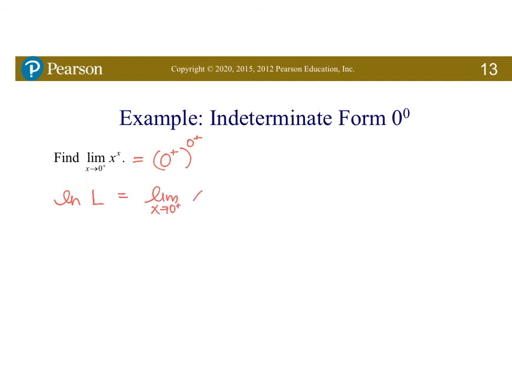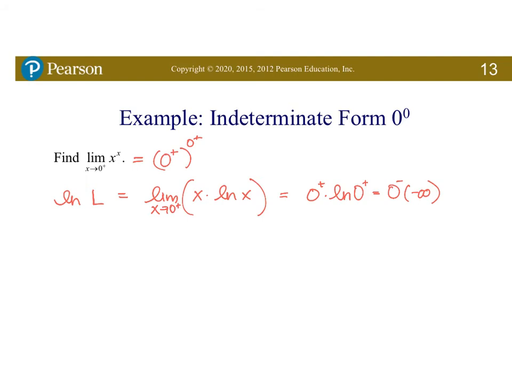And I'm going to pull x to the front, and I'll have x times the natural log of x. In this case, if I plug 0 in, I'm going to get 0 plus times the natural log of 0 plus, which is 0 plus times negative infinity, which is an indeterminate form.